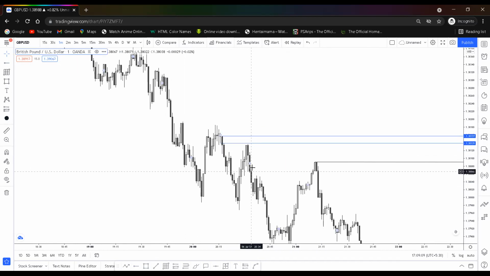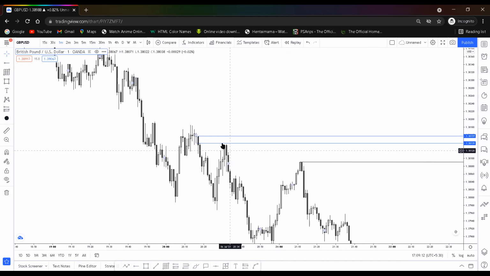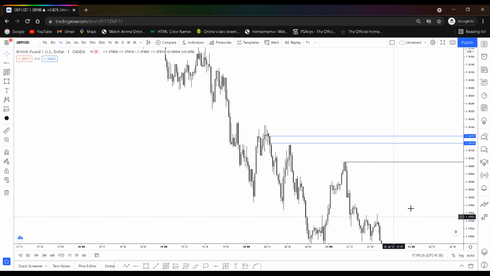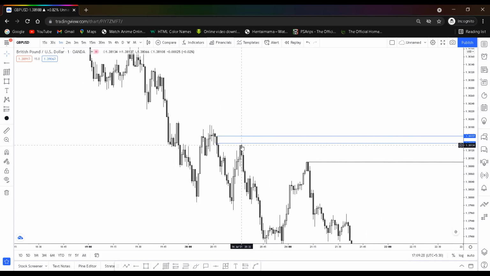And I told you, after a major trap has been broken, we can expect a pullback. You get why this is a major high? Because it once acted as a strong high when the price was bearish. So as soon as this has been taken out, we can expect a pullback.